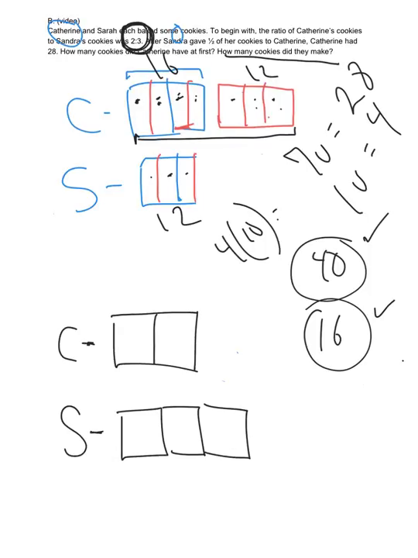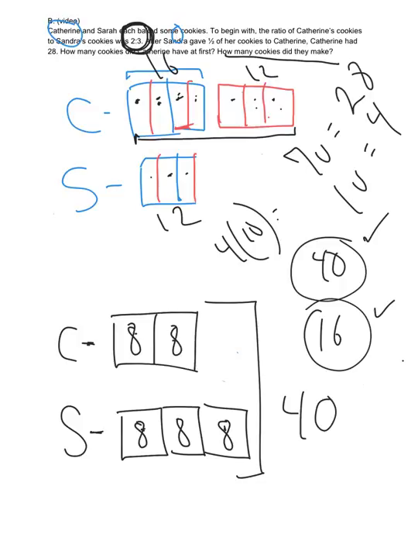Now, if everything checks out, we should end up with a ratio of 2 to 3. We already know that they made a total of 40 cookies. 40 divided by 1, 2, 3, 4, 5 means that each of these is going to be worth 8.